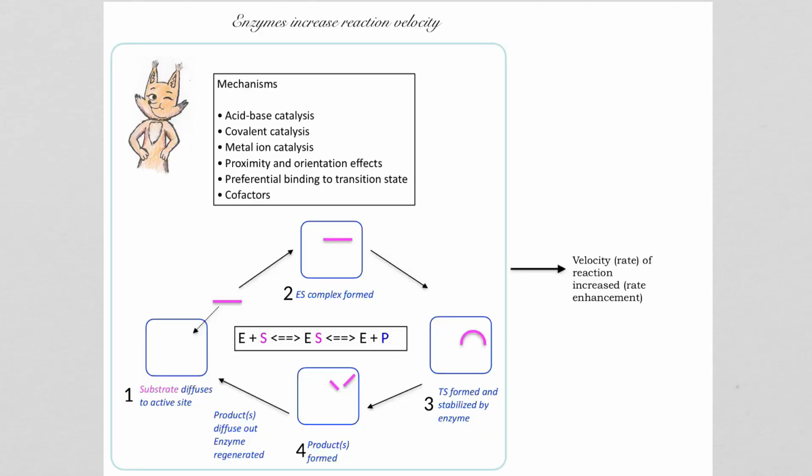In today's video, we'll talk about how we determine the velocity of enzyme-catalyzed reactions. In previous videos, we discussed how enzymes use various strategies to increase the velocity or the rate of chemical reactions.